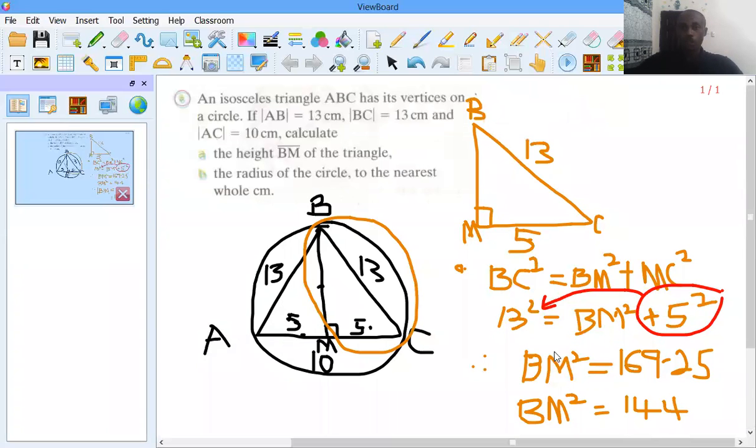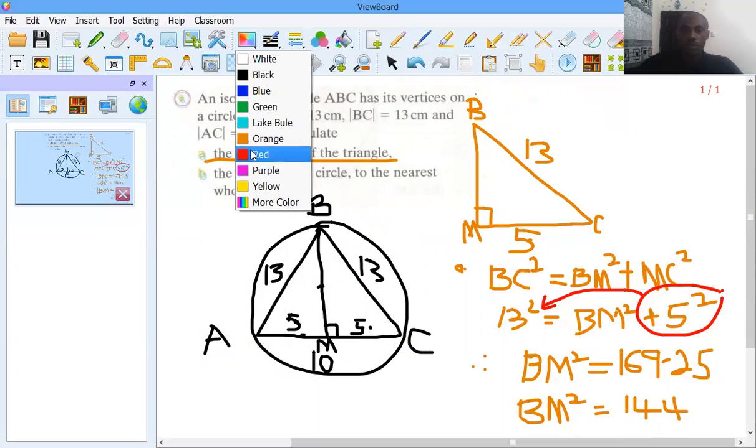Okay, so having done that, we'll be able to answer question A. Now we are left with question B, which says calculate the radius of the circle to the nearest whole number. To solve that problem, what we actually need to do is look at the radius.